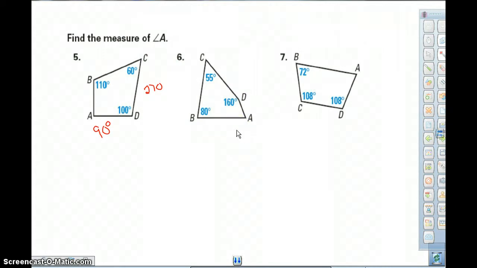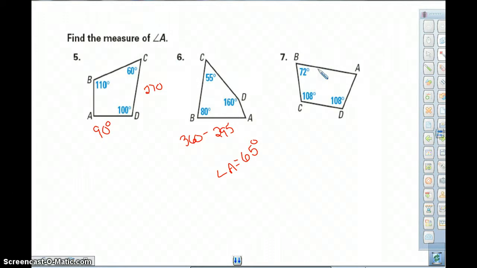Okay, in part 6, if we add those together, we've got our 55 plus 80 plus 160 gives us 295. We have to subtract that from 360, and we get angle A to be 65 degrees.